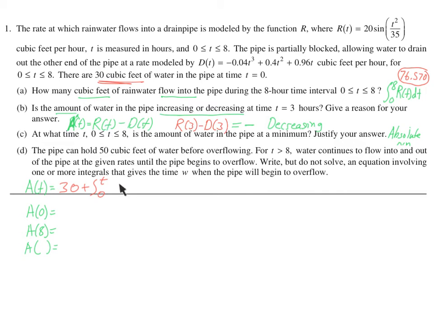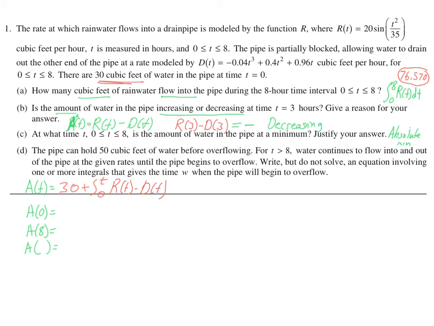So isn't that function going to go right here, because that's the rate of amount? I'm not going to put a prime. I'm going to put this whole thing so you can see it: r of t minus d of t.